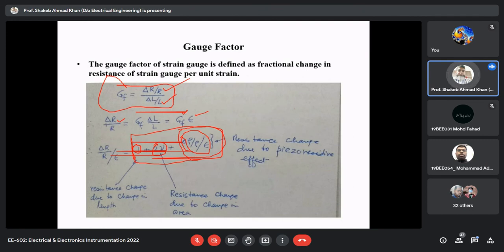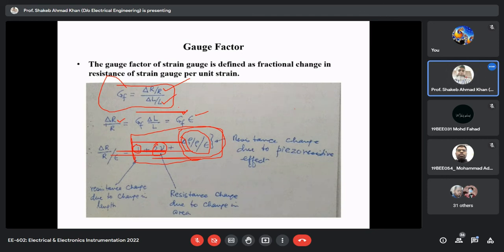You see, gauge factor is nothing but the sensitivity of the strain gauge. This is the ratio, the response, change in response to the change in input of the stimulus. So this is basically the sensitivity of the strain gauge, and we always want that our sensors should have good sensitivity, because measuring a small change is always a challenge.